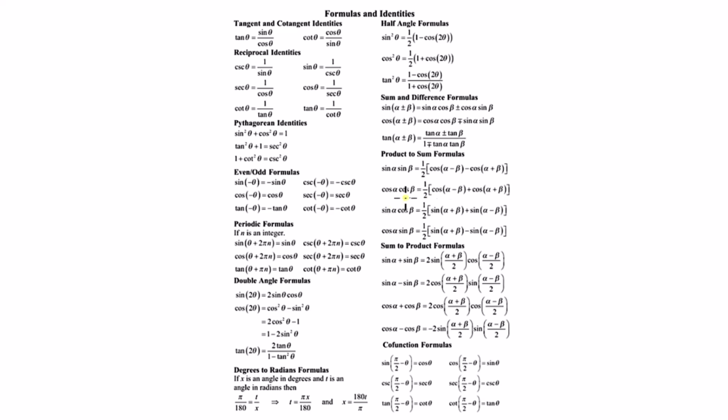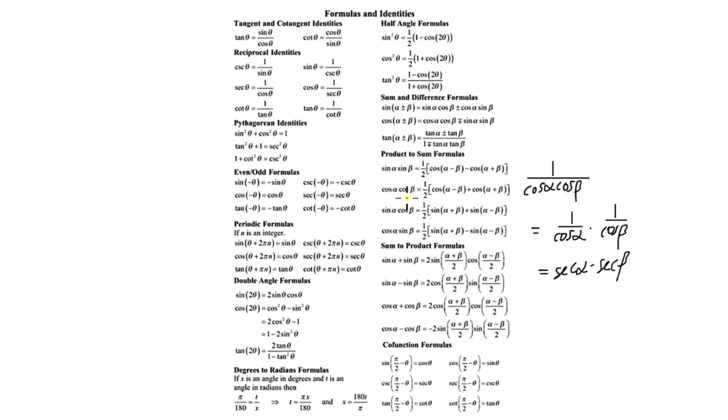The reciprocal of cosine alpha times cosine beta is going to be secant alpha times secant beta, because 1 over cosine alpha times cosine beta, you can write as 1 over cosine alpha times 1 over cosine beta, which is secant alpha times secant beta. So you can just take the reciprocals in that case. And in most cases, that's how it works out. But it's not always necessarily like that.